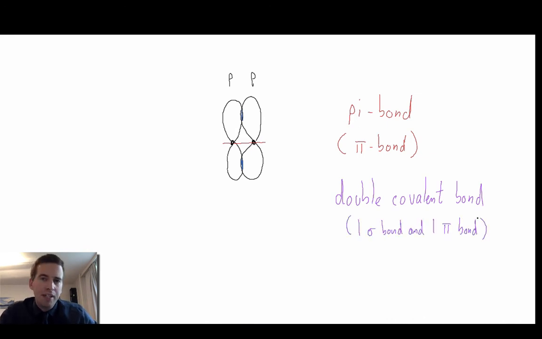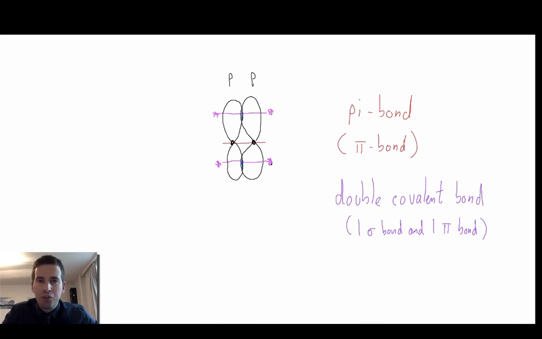Now if you look at data for the strength of bonds, you will notice that a double bond, let's say a carbon-carbon double bond, is not twice as strong as a carbon-carbon single bond. And the reason for that is that this overlap is not as strong as the overlap you get in a sigma bond.